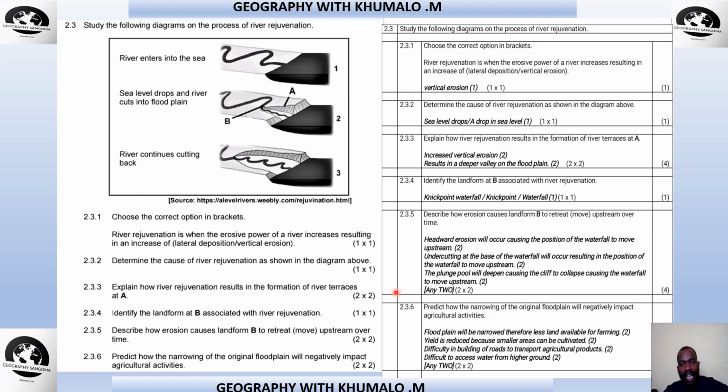Then the last question there says predict how the narrowing of the original floodplain will negatively impact agricultural activities. So here we just have to predict the negative effects, which are effects that are not good. The floodplain will narrow, therefore there will be less land available for farming.